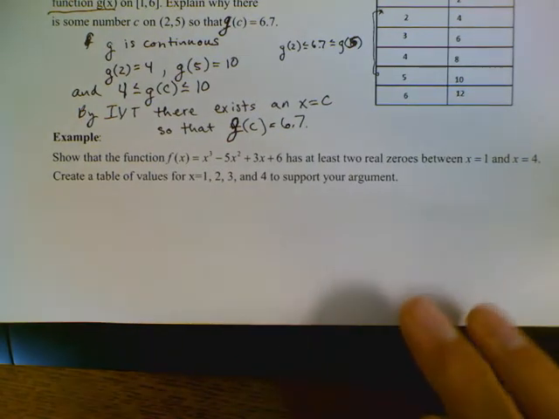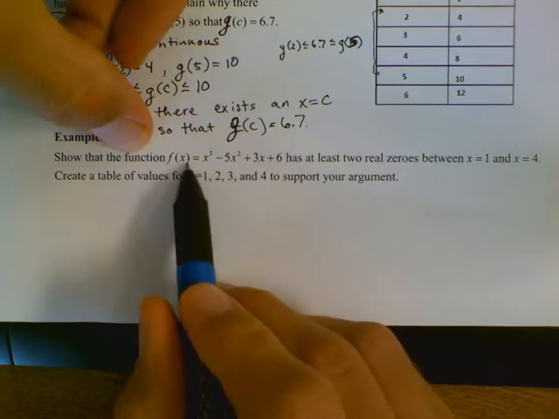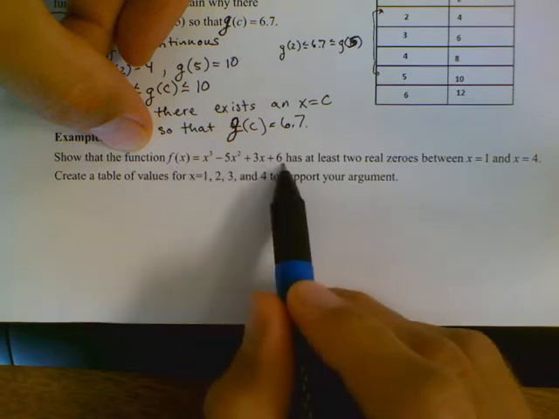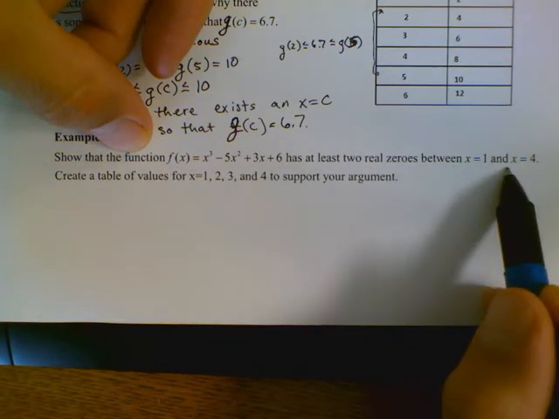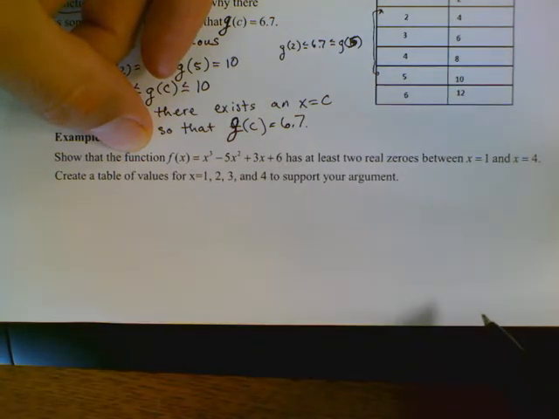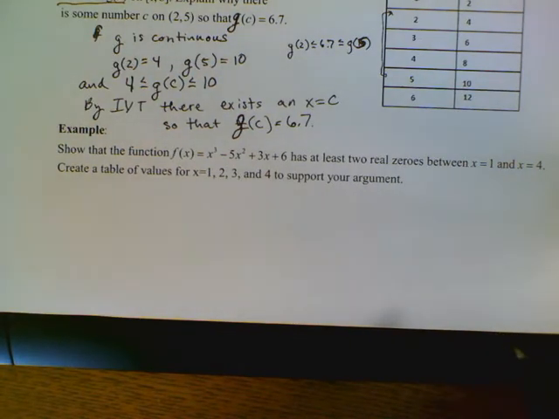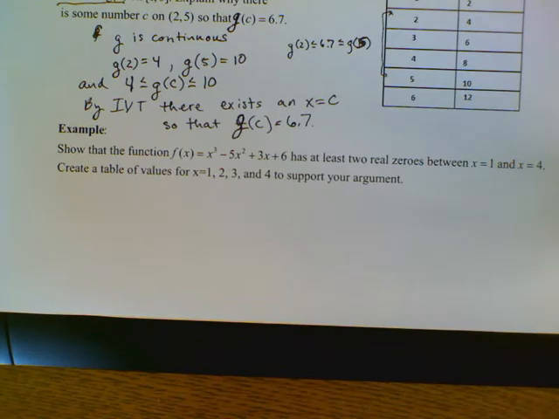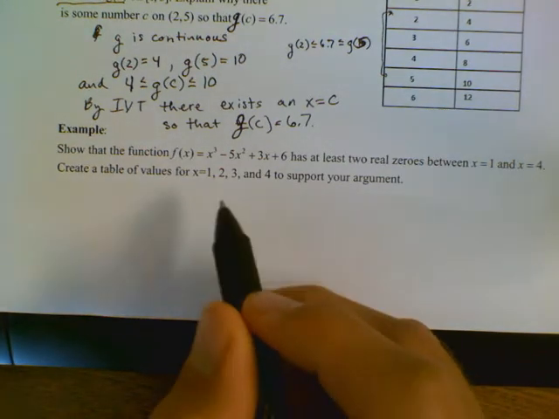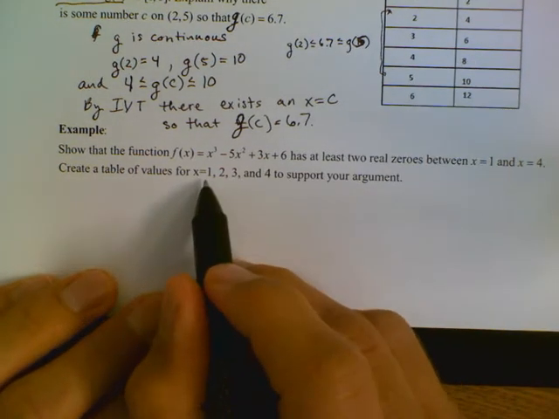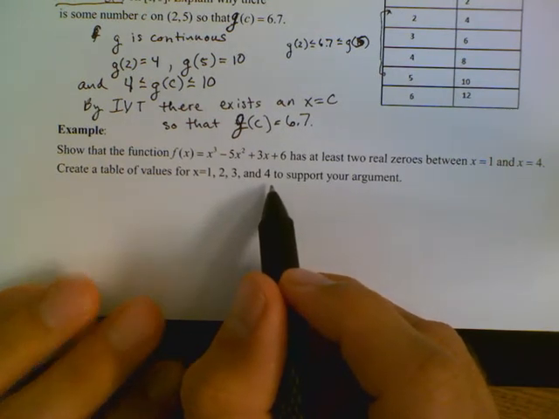All right, so a third type of problem might be with a function. This problem says to show that this equation has at least two real zeros between 1 and 4. Well, that's interesting. So grab your calculator, and let's make a table for x equals 1, 2, 3, and 4.